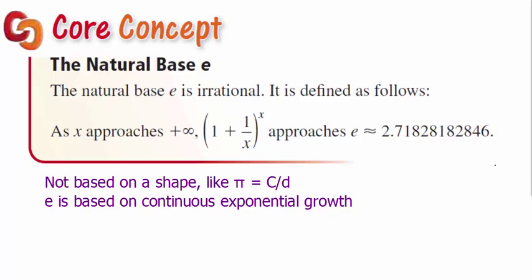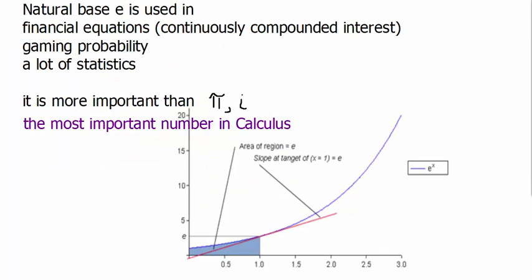Now, pi came from a circle. It came from circumference divided by diameter. e isn't based on any shape. It's based on continuous exponential growth. It is actually the main number in calculus. So because of that, it's used in financial equations, it's used in gaming, it's used in a lot of statistics and almost everything that goes on in calculus.